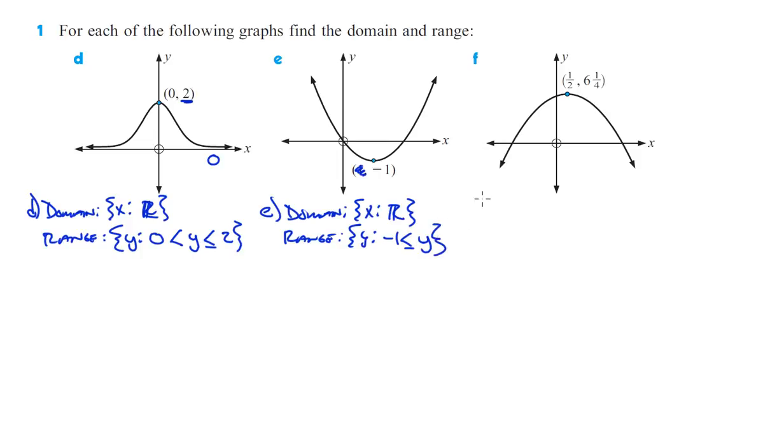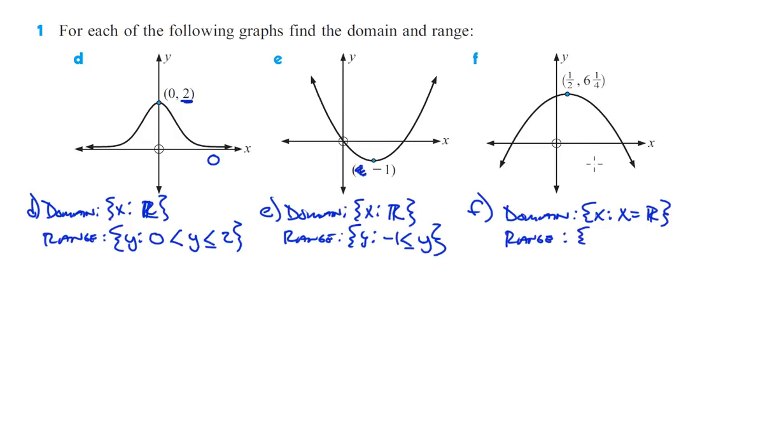Okay, all right, F. Domain. If you'll notice, this is really similar to this, except it's just flipped upside down. That goes forever and ever to the left, forever and ever to the right. So this is x such that x equals the real numbers, right? Okay, and then we've got range.